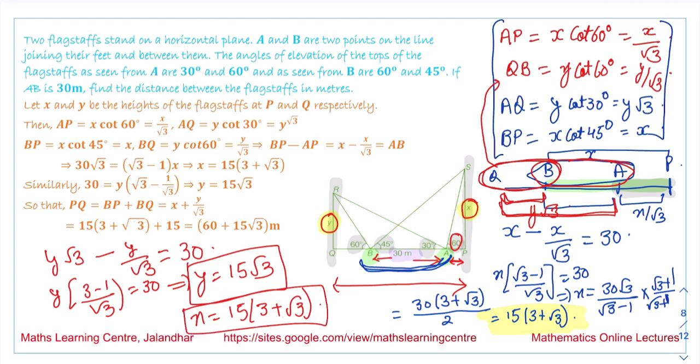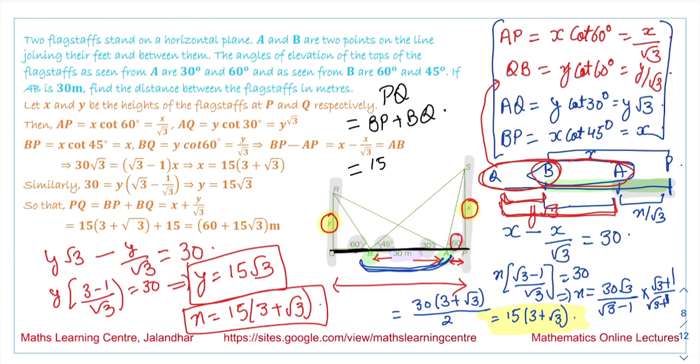Now we want the length PQ. So the length PQ will be equal to BP plus BQ. This is the length BP and this is the length BQ. Now the length BP is equal to x.